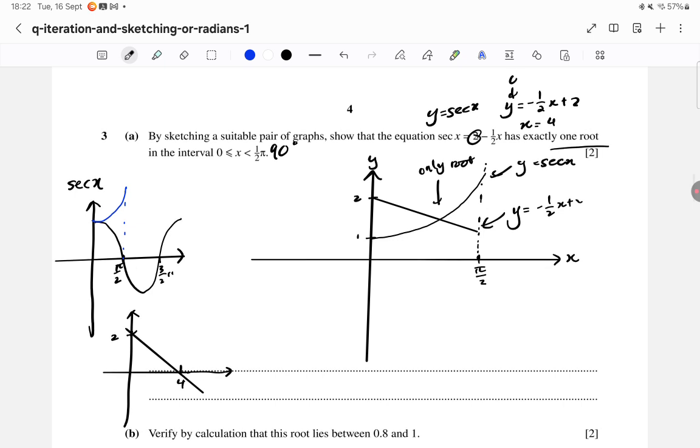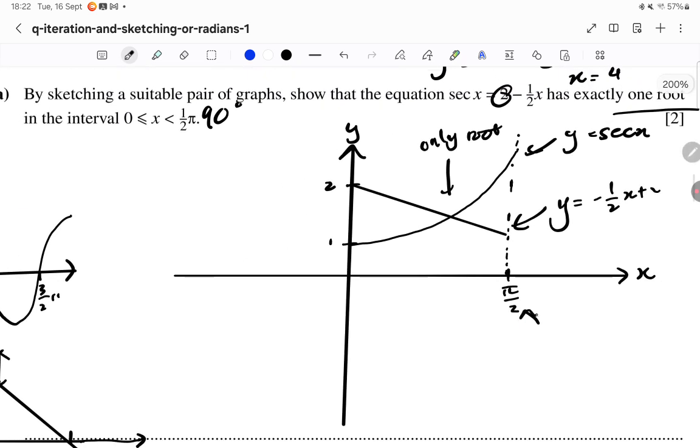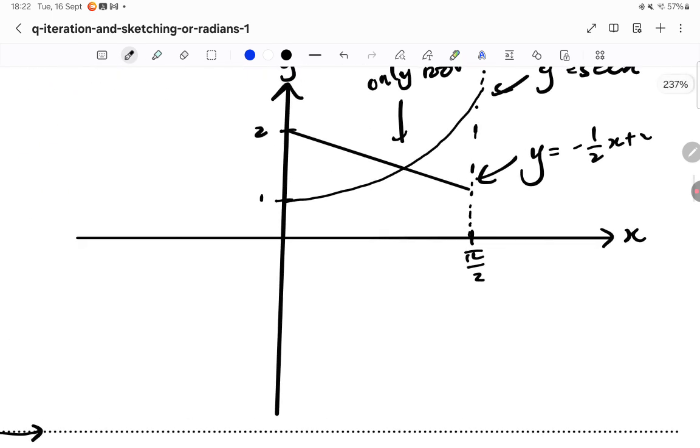Okay, by the way, you might be a little confused here, because our x-axis is in radians, however one of our graphs is kind of in digits. It's not even, it's like 4 over here. So how do I know where to stop? You might be thinking, oh, it could have ended here or something.